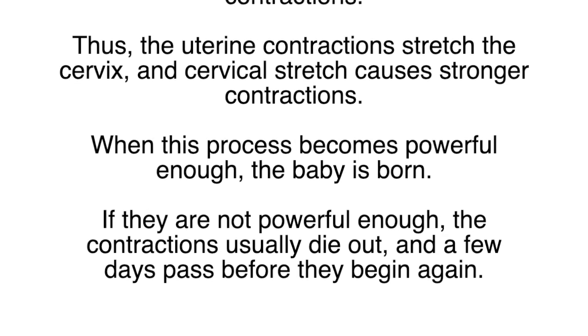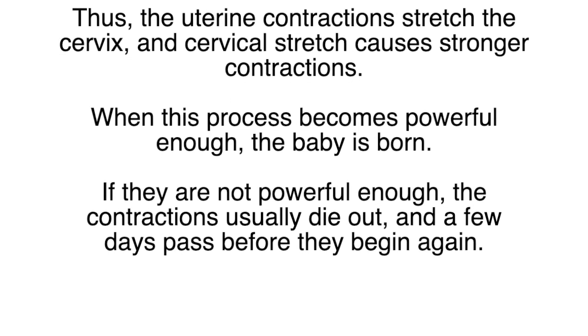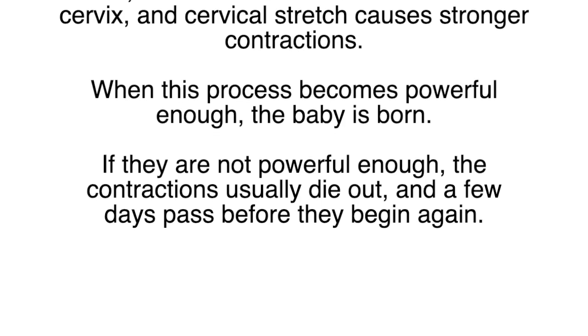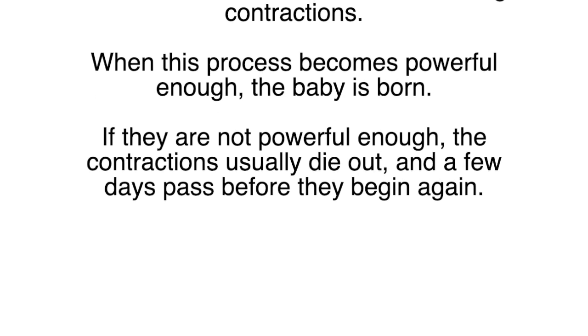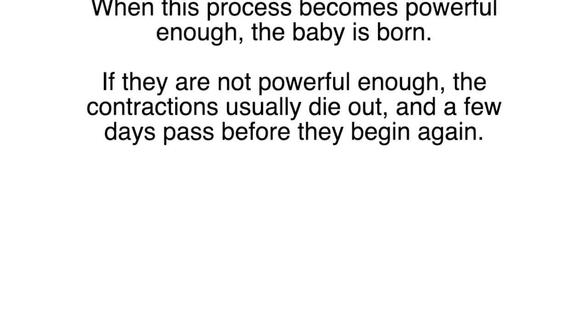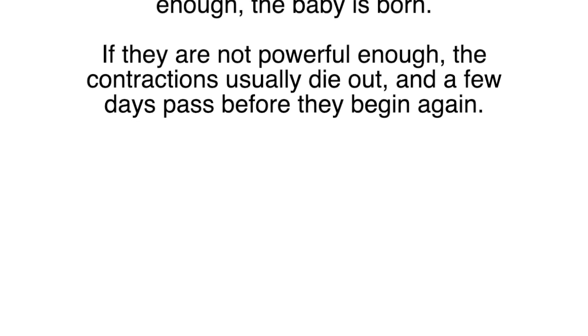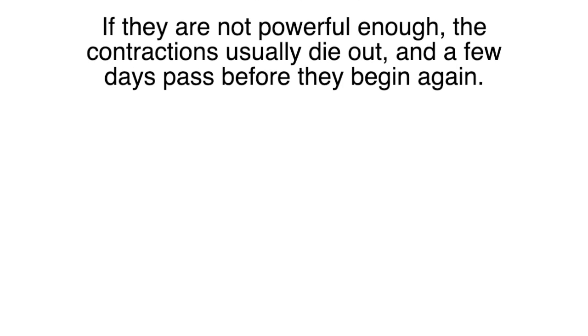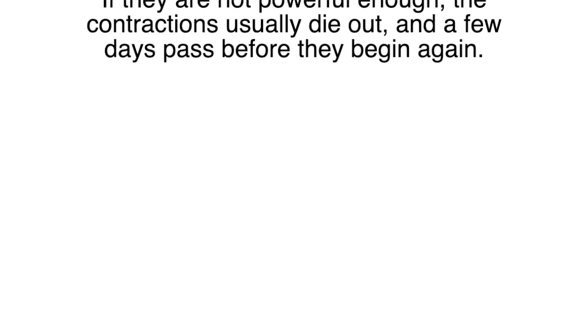Thus, the uterine contractions stretch the cervix, and the cervical stretch causes stronger contractions. When this process becomes powerful enough, the baby is born. If they are not powerful enough, the contractions usually die out and a few days pass before they begin again.